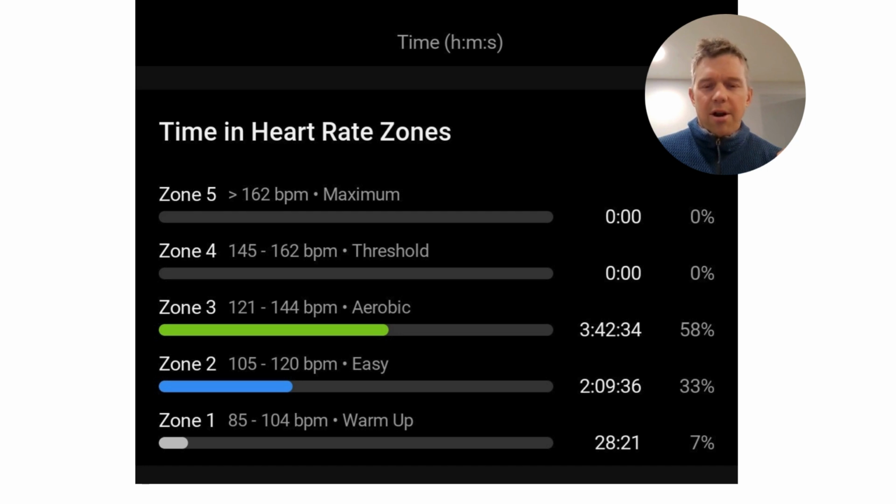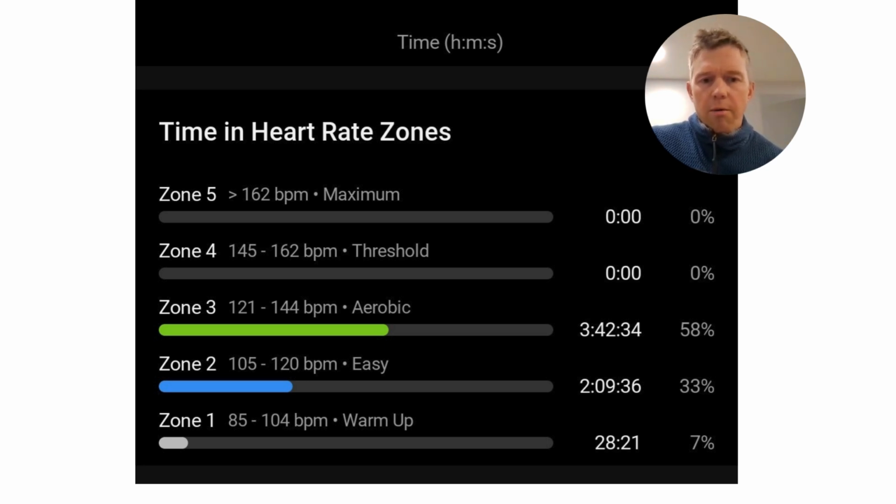So I had a very lengthy chat with a PhD at the Human Performance Lab on heart rate drift. And I'm going to do a separate video on this. I got a bunch of papers to show you guys. So heart rate on long efforts is going to increase at a given output. And so you can still be in that fat burning aerobic threshold zone, even though your heart rate has increased.